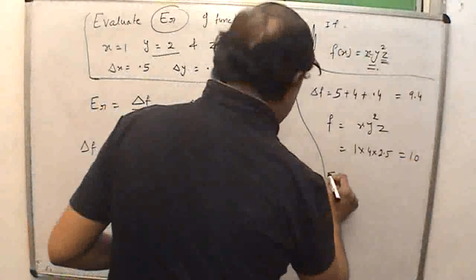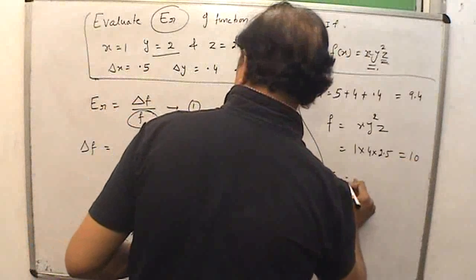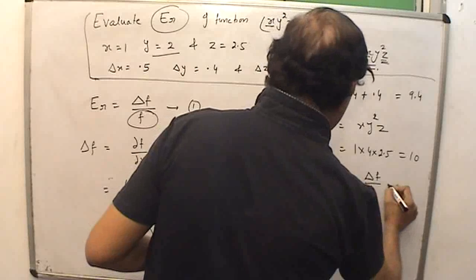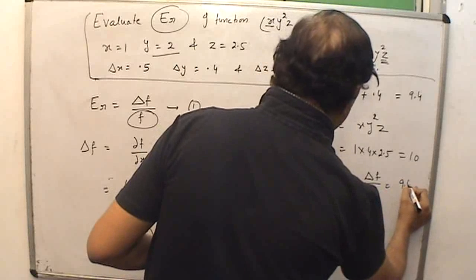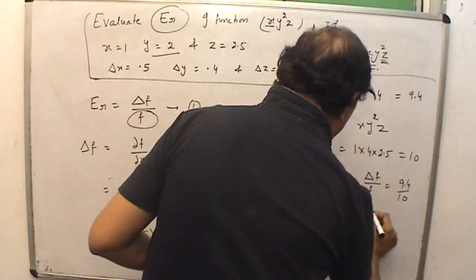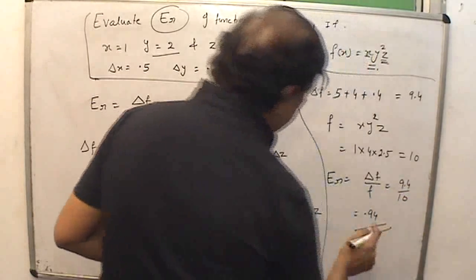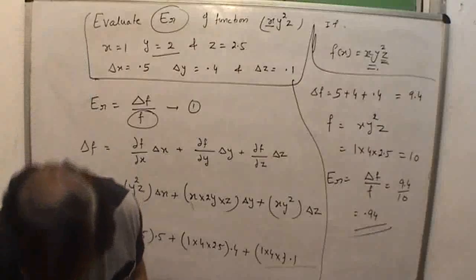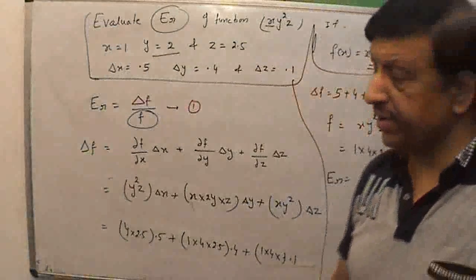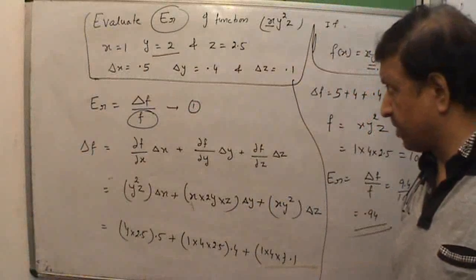Then what is the relative error? That is equal to delta f divided by f, that is equal to 9.4 divided by 10, that is equal to 0.94. That is a simple one, but the way is totally different from the one we followed in the numerical systems.